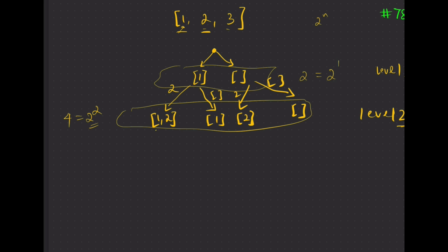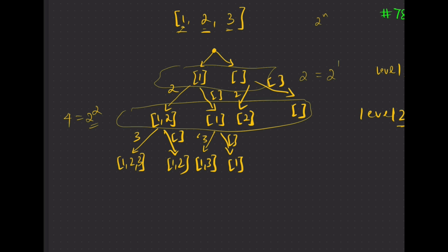So let's continue. At this point, we have 2 choices again: keep it empty or add 3, because that's the next element. If we add 3, it's going to be 1, 2, and 3. And this would remain 1, 2, right? At this point, we have two choices again, keep it empty or add 3. Then if we add 3, it will become 1, 3, and this stays 1, right?